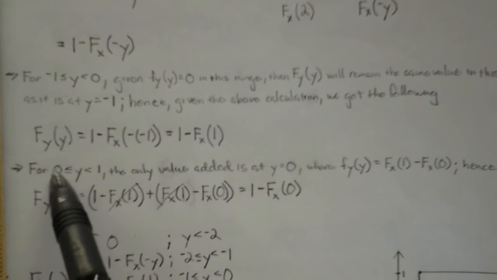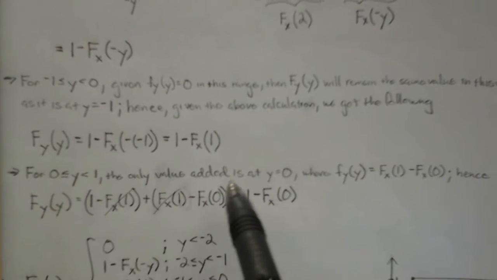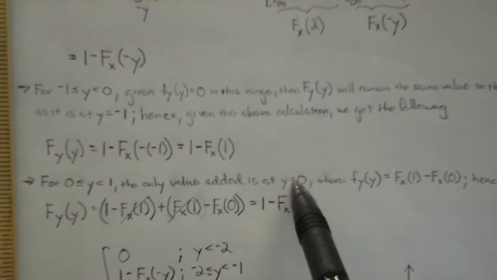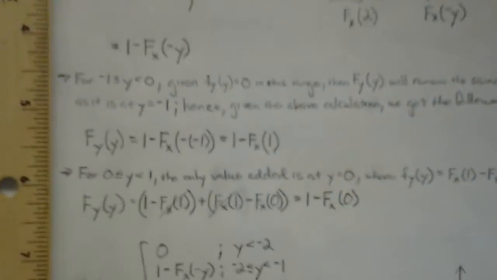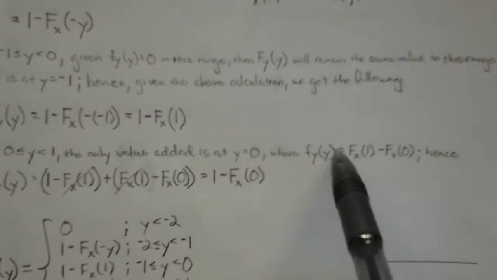Here, from 0 to 1, the only value that we added was at y equals 0, which we said right here. Okay. We figured that out right over here, what that ended up being.